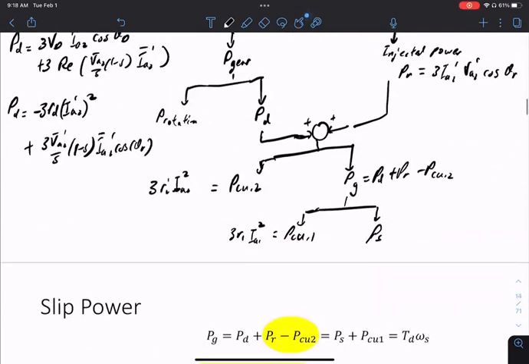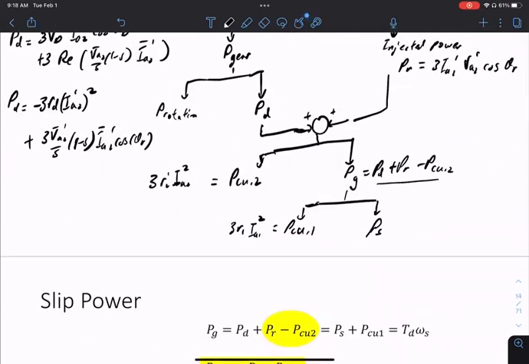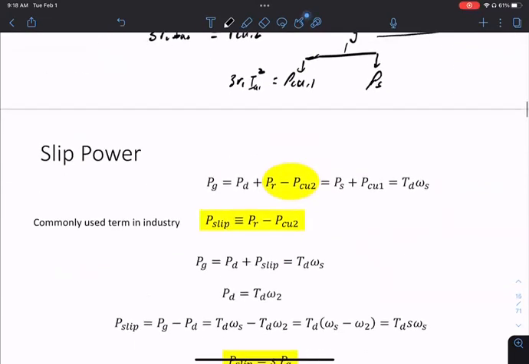If you look at the air gap power, it's PD plus PR minus the copper loss. What we want to do is define another power called Pslip. This is just the terminology we use, because we want to write the air gap power as a combination of two terms: the developed power plus some other term.